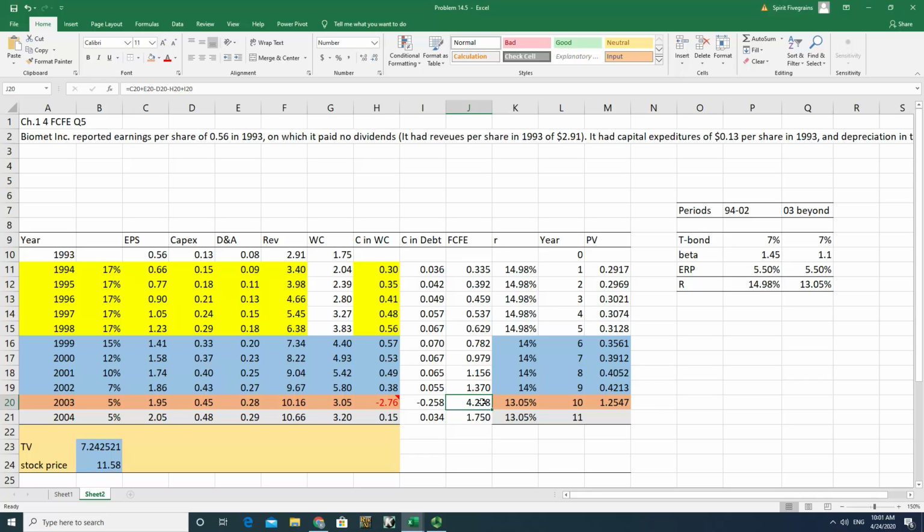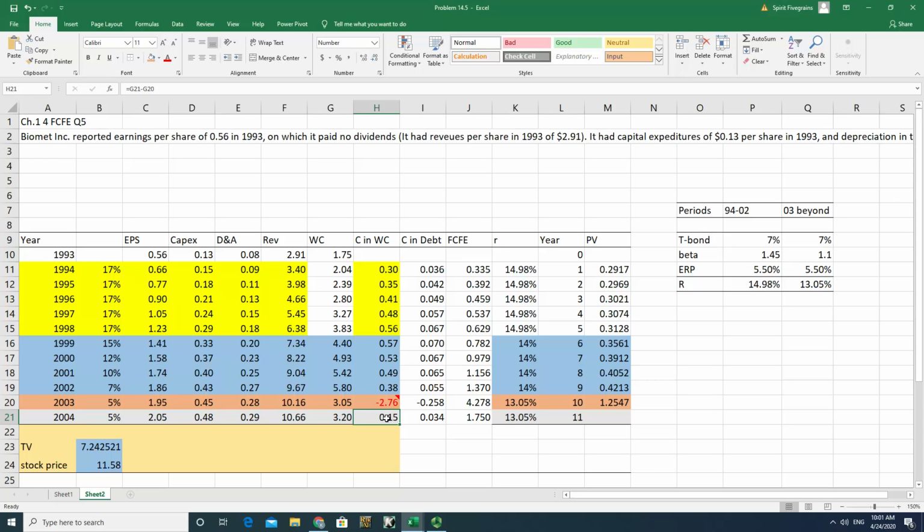Right. So many people stop their table in year 2003 because they assume year 2003 would be the beginning year of the constant growth time period. And if that is the case, the mistake would be to overestimate the terminal value, and I'll show you why. Because in year 2004, this change in working capital will decline to 15 cents.